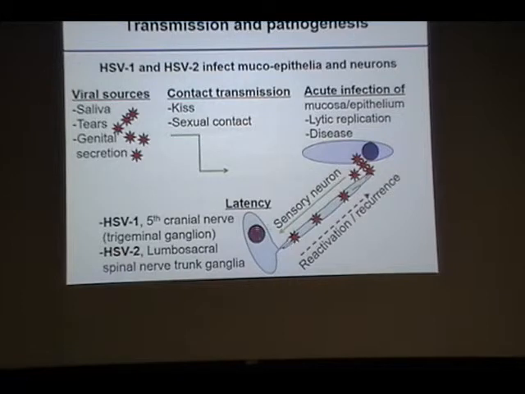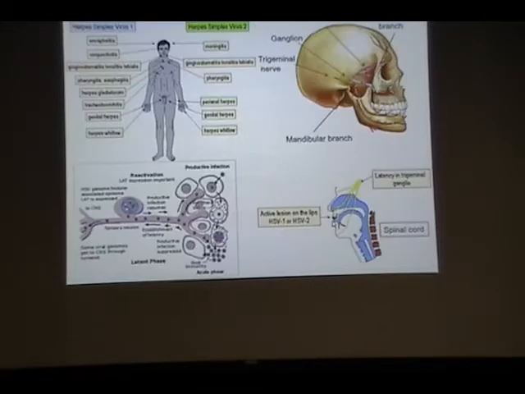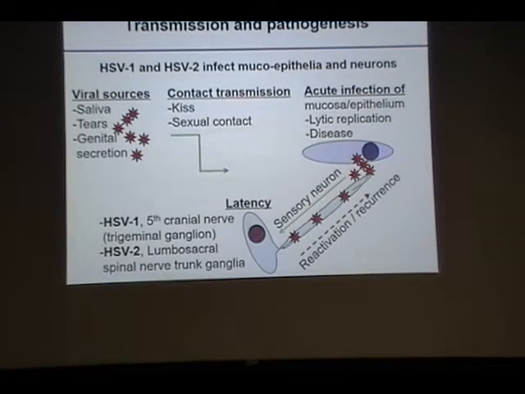Basically, during this time, the virus becomes quiescent and silent. There's no virus being produced. From time to time, as I mentioned, the latent virus can reactivate and then go back to cause a new infection.